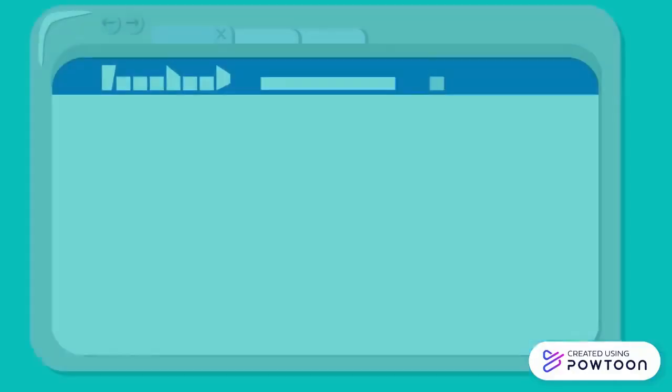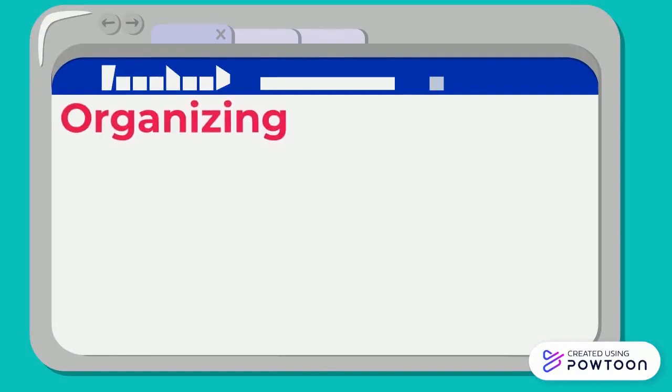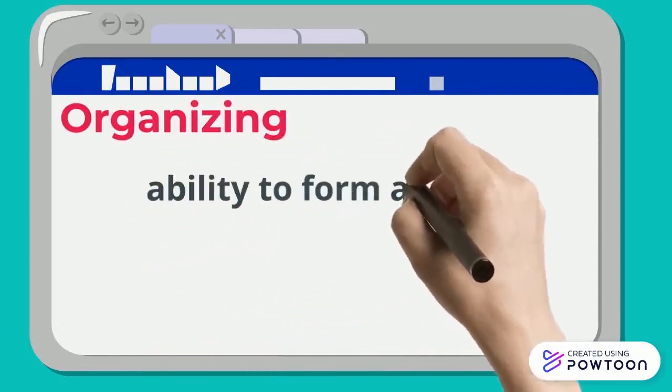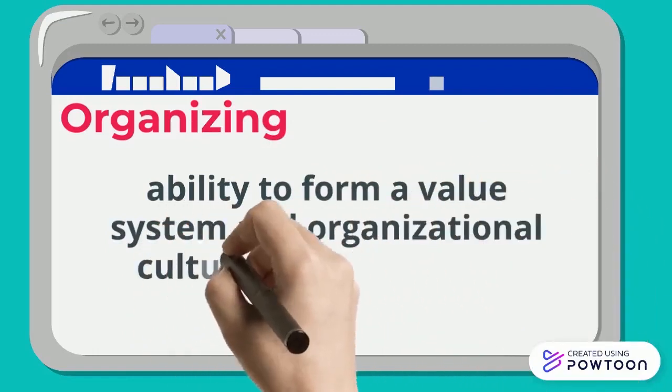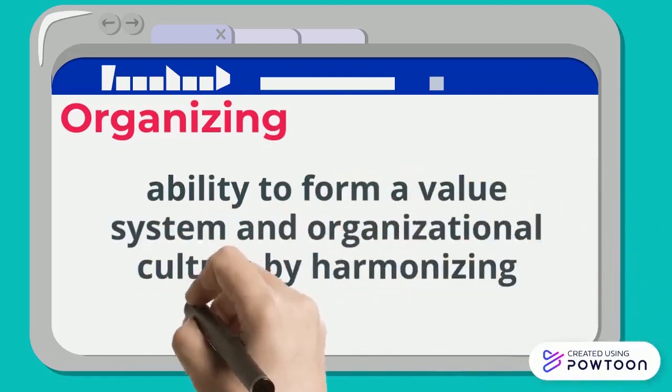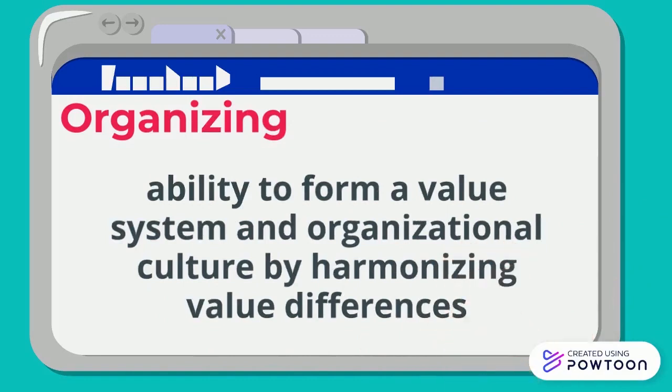The fourth stage is organizing. Organizing is the ability to form a value system and organizational culture by harmonizing value differences. It includes conceptualization of a value and organization of a value system.